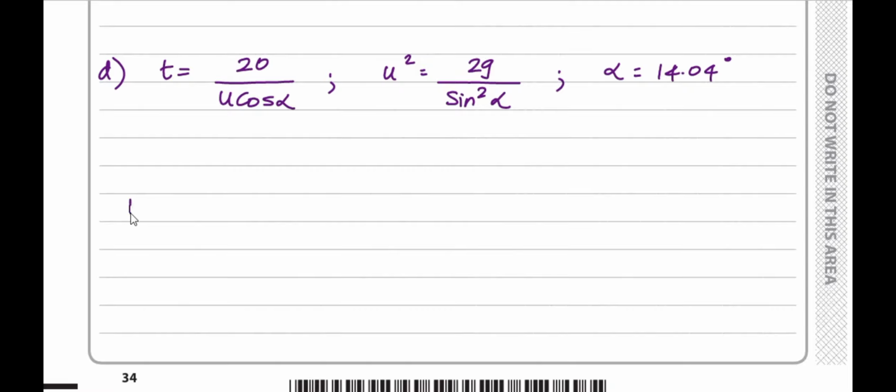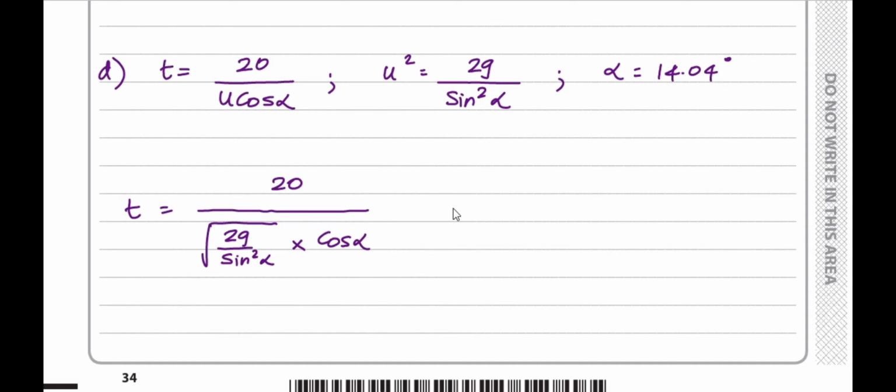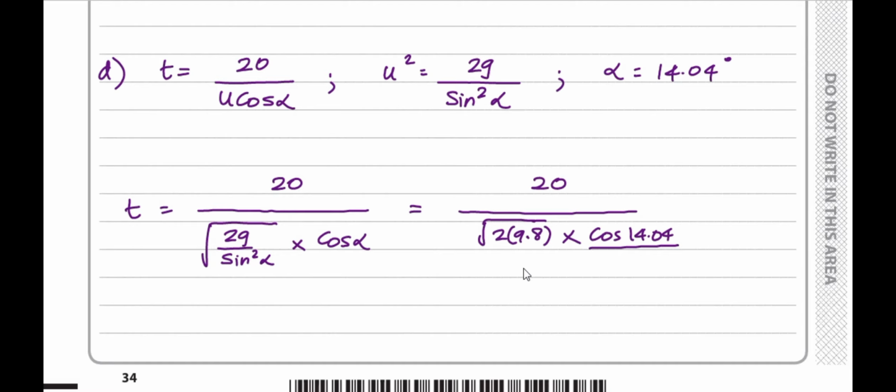Putting these together, t equals 20 over u, which is square root of 2g over sine square alpha times cos alpha, which can be simplified further, 20 over, let's write this as square root of 2 times 9.8, times cos 14.04 divided by sine square alpha square rooted will become sine 14.04.